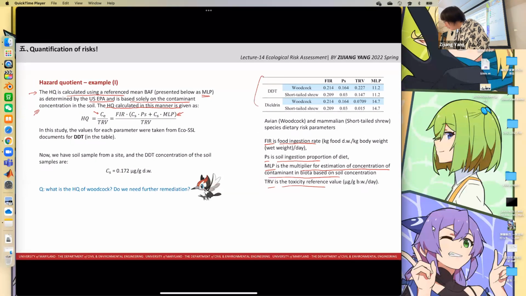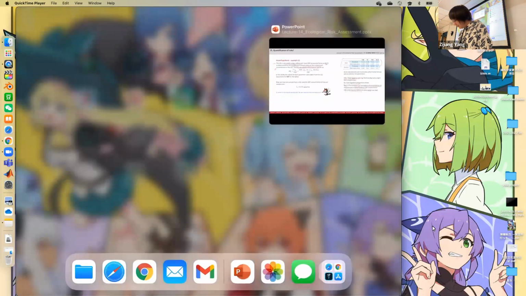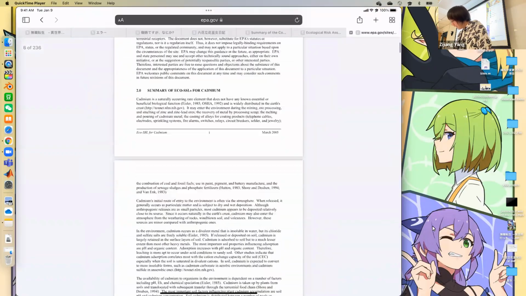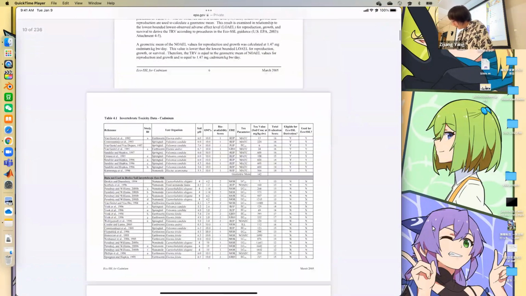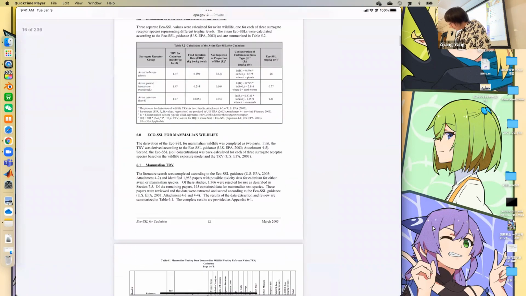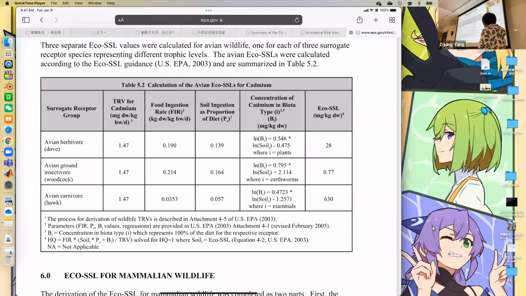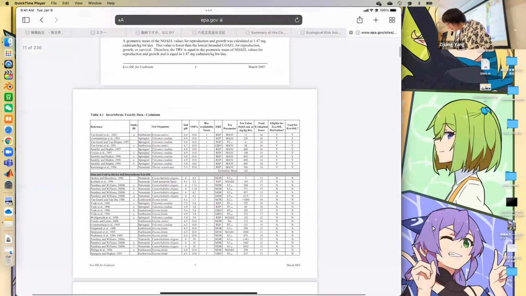And this value can be found also in this file. I'm not sure if it has the heavy metals data. Yes. So this is for cadmium, and we can also find the TRV for cadmium, and we have the FIR and the PS and some other values. Oh, I think I just made a mistake.